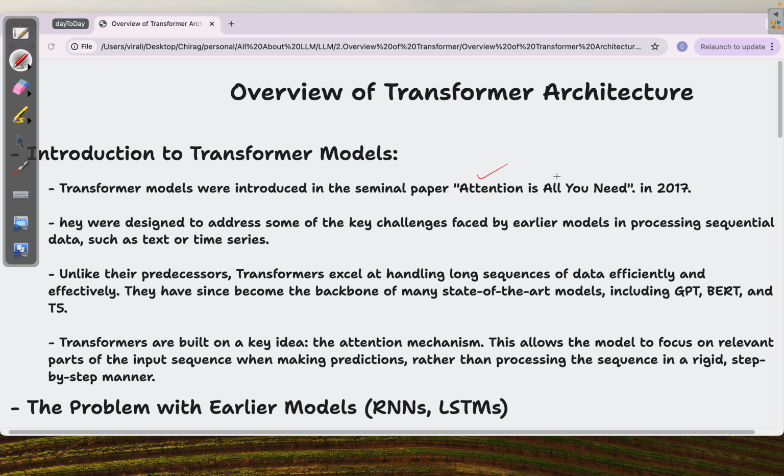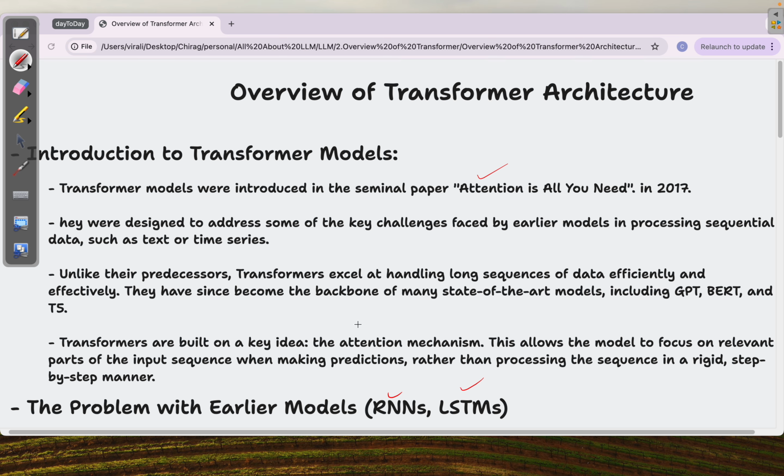Before the transformer, we were using models like LSTM and RNN. They were the best at handling sequence or time series data before the transformer. Unlike its predecessors, the transformer excels at handling long sequences of data efficiently and effectively.